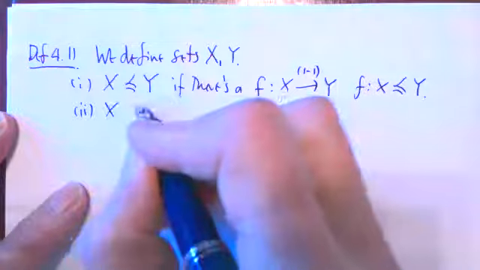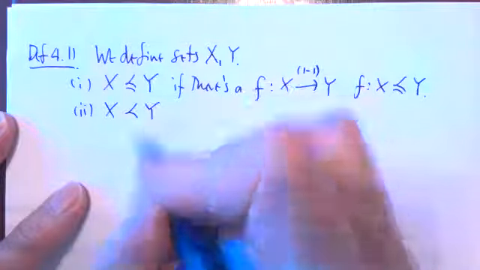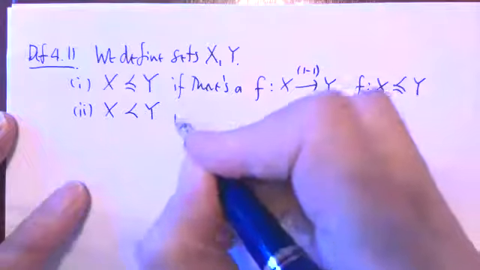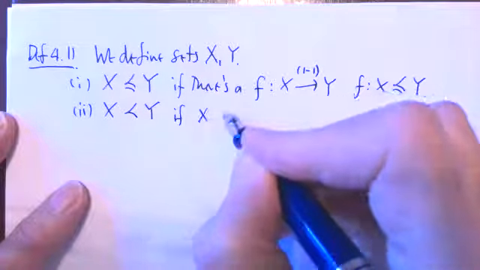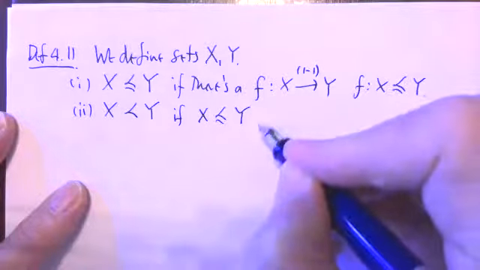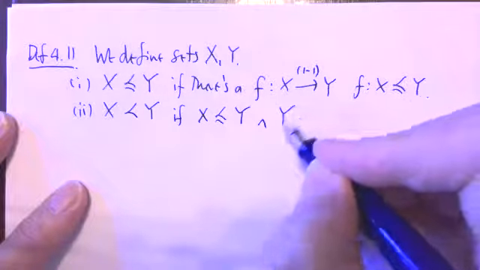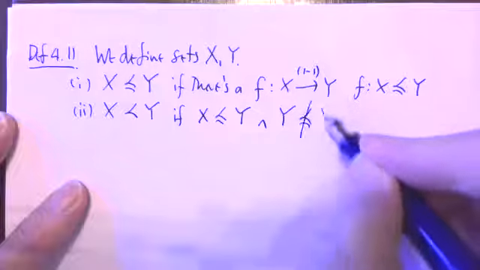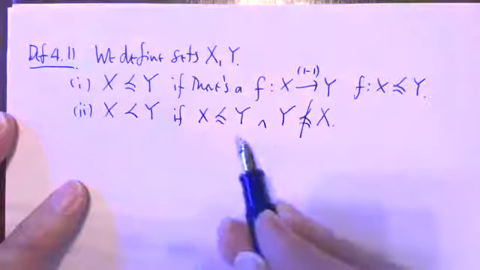We're going to have it that X is of strictly smaller size than Y if there's an injection from X into Y, but not the other way around. So I've only got a one-way map.